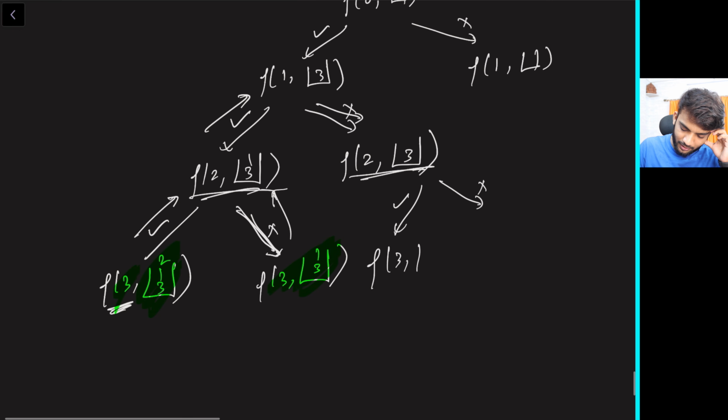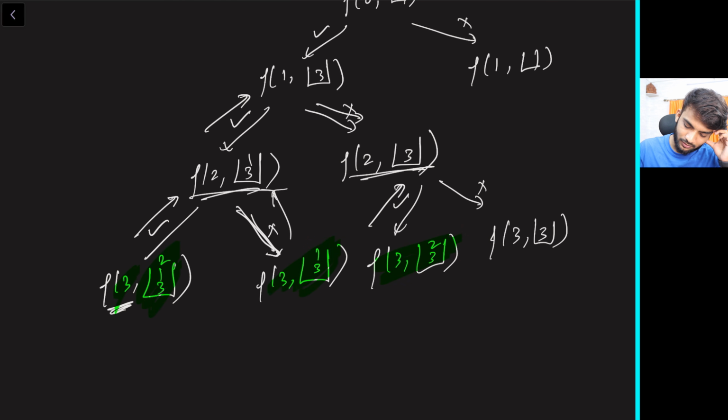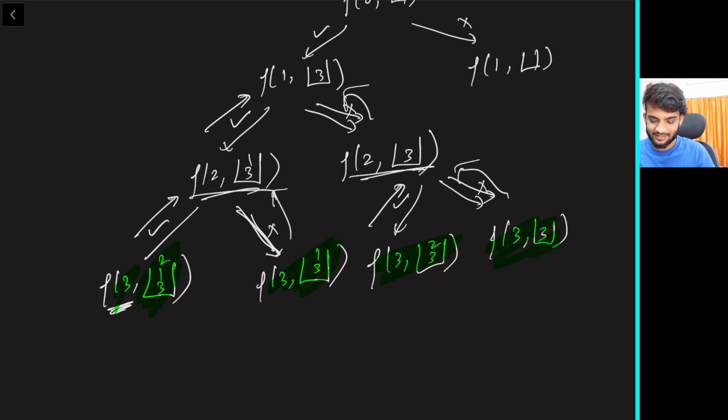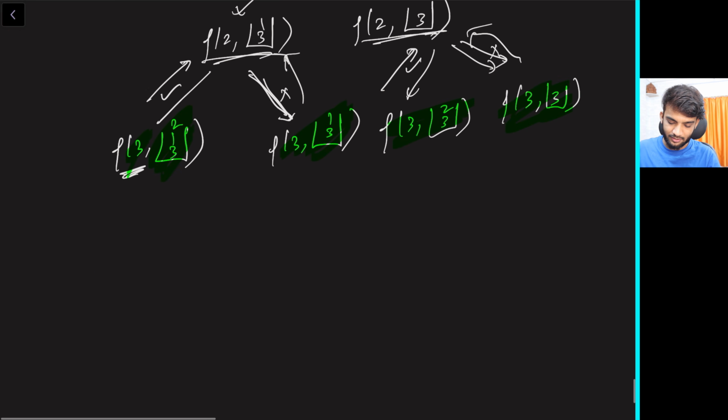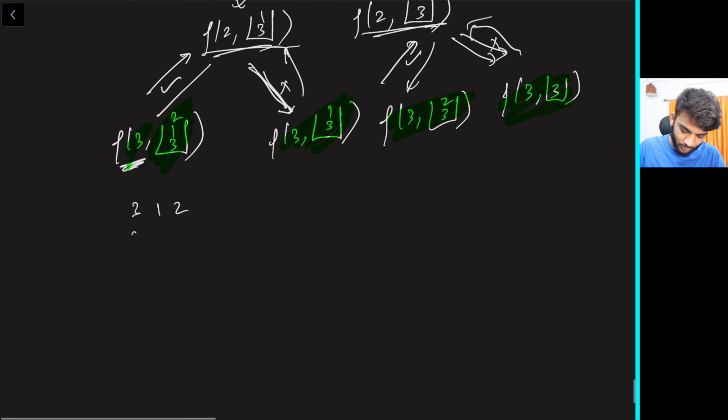So f of 3 comma 3 2 and f of 3 comma just 3. This will be printed, goes back, comes over here, prints, goes back, goes back. So I can say this entire left side is done, where you have ended up printing 3 1 2, 3 1, 3 2 and 3.